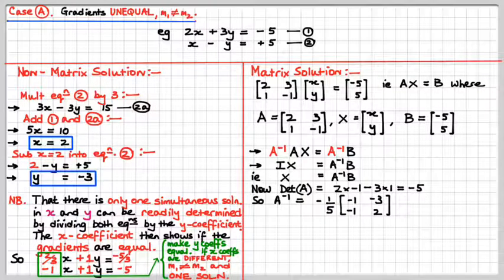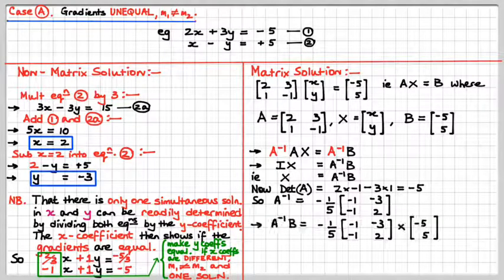So the inverse would be 1 over the determinant, so that's minus a fifth. Now we reverse the A and the D entries from what we had up here, and we minus these two. So there's your inverse of A.